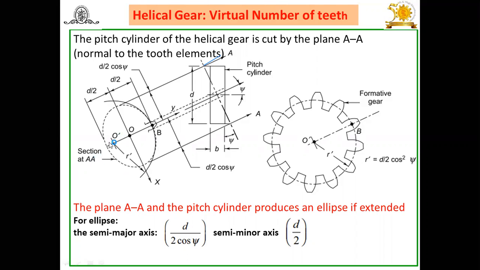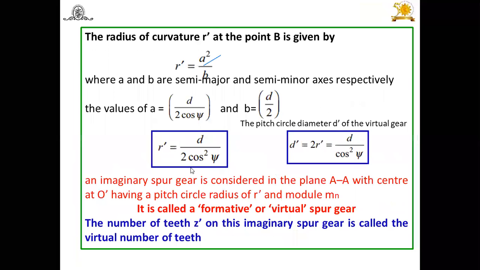The R dash at point P, that we have to find out. And this R dash, the radius of curvature at the point B, is given by a squared by b, where a and b are the semi-major and semi-minor axis respectively.